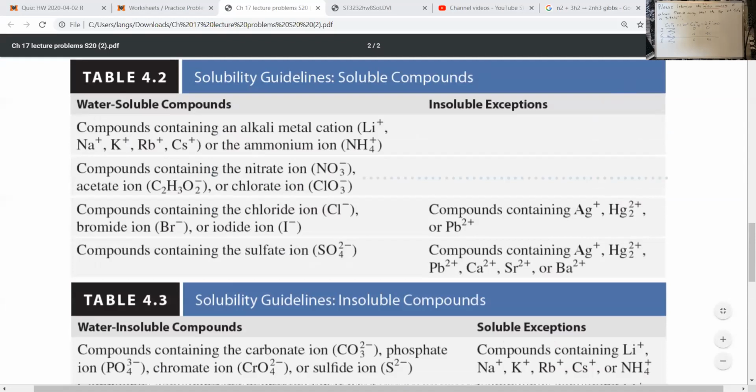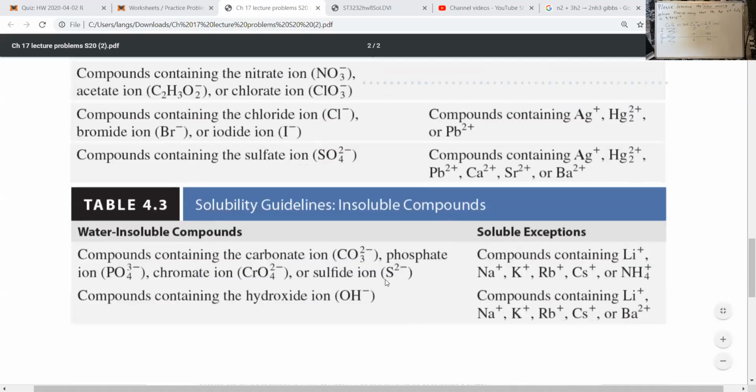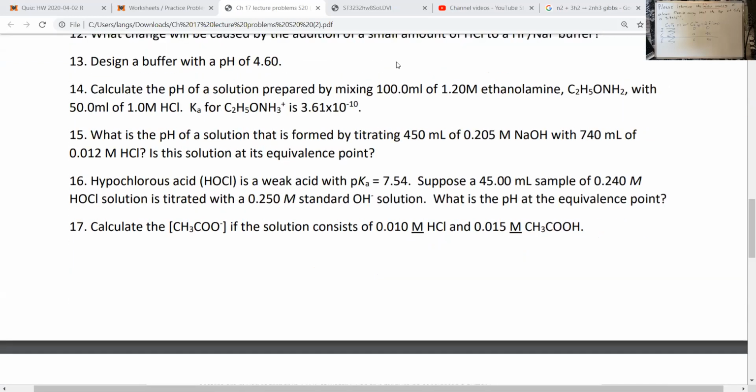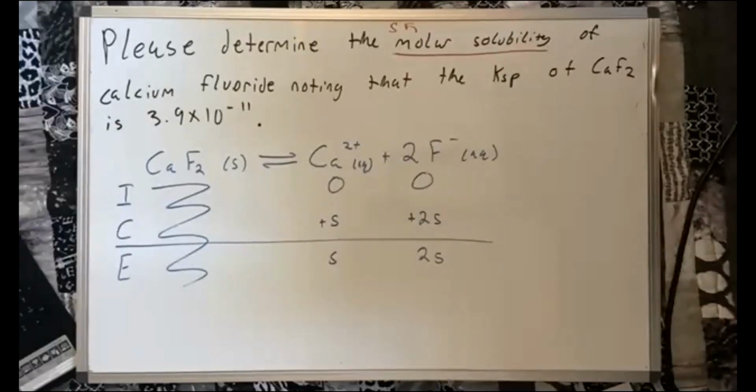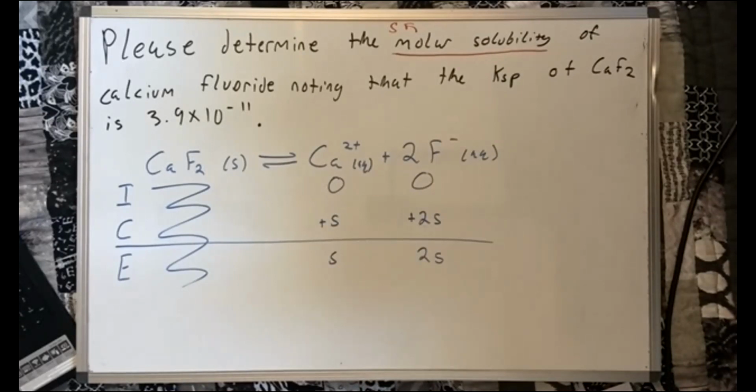Huh. I thought it was on here. Maybe it's not. Okay, I lied. But we can just assume since it gave us a Ksp that that's a solid right there. Or at least that's what I'm doing.